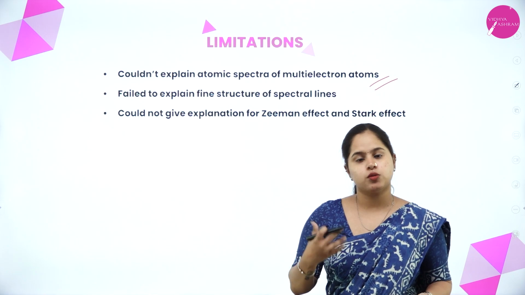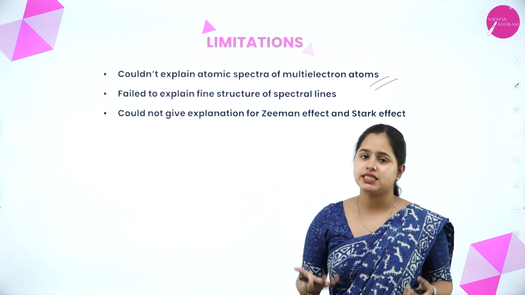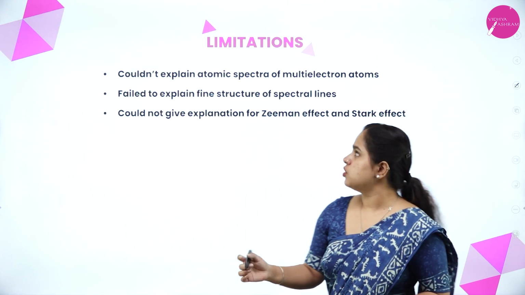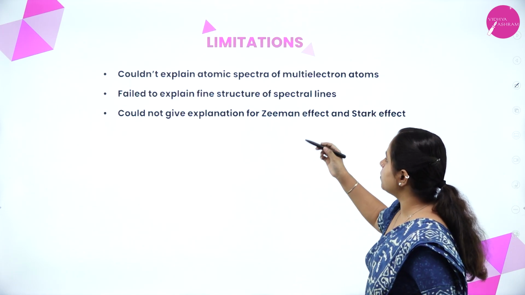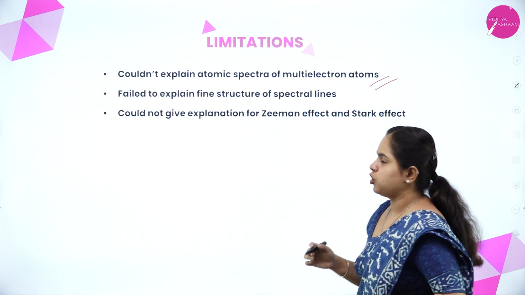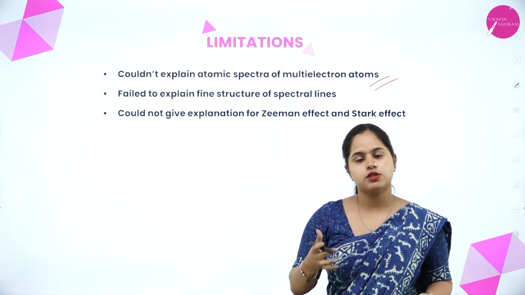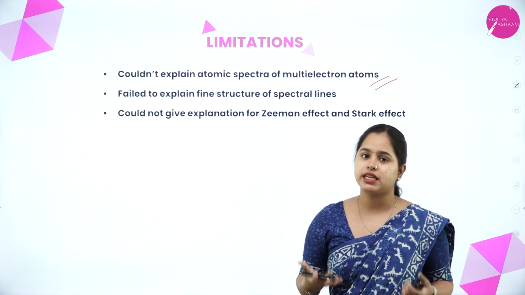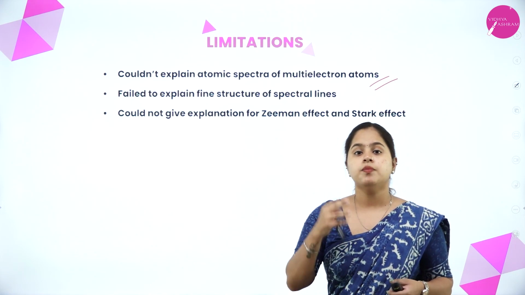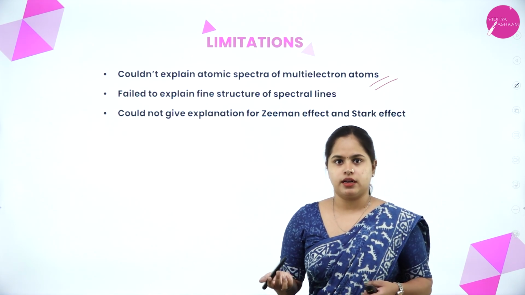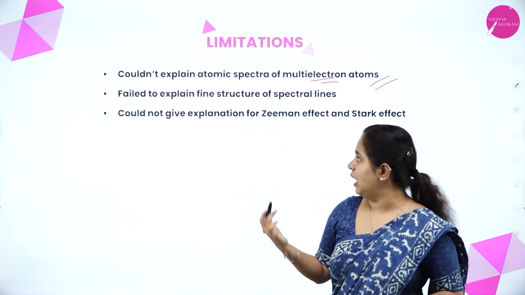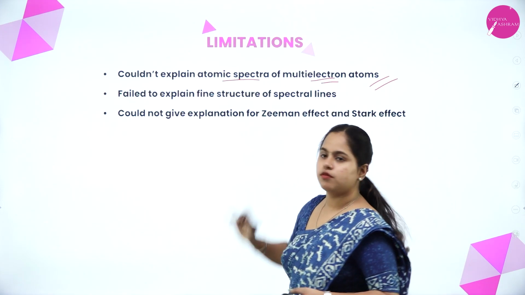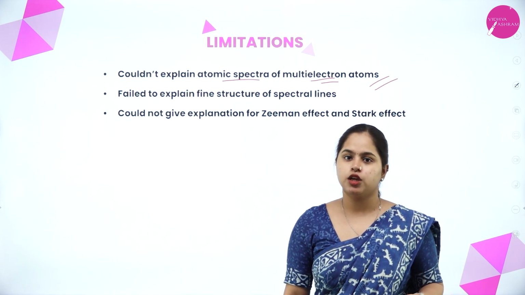Using Bohr's theory, we were able to easily explain and understand the line spectrum of hydrogen, right? Yes, but for multi-electron atoms, the atomic spectra could not be explained using Bohr's model of atom.